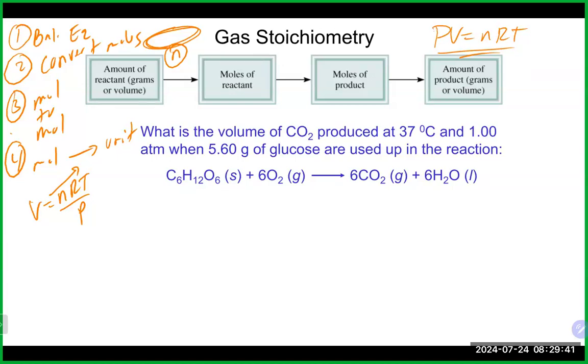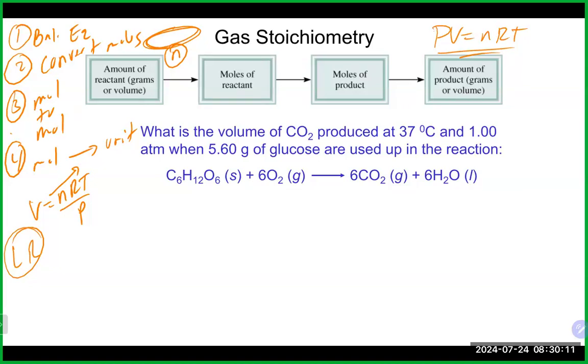So much like all other stoichiometry problems, it's the same steps. Kind of like what we did with solution stoichiometry, where we used molarity and volume at the second step or last step, here we'll probably use the ideal gas law at the first step or last step. Also, just like we talked about with solution stoichiometry and stoichiometry in general, you always want to make sure you're not in a limiting reagent situation, which can happen with gases or any type of stoichiometry problem.